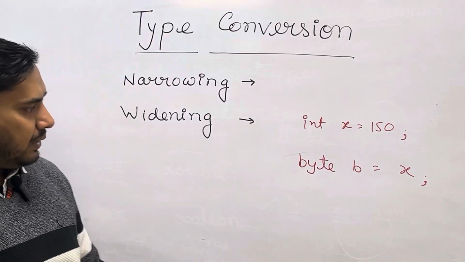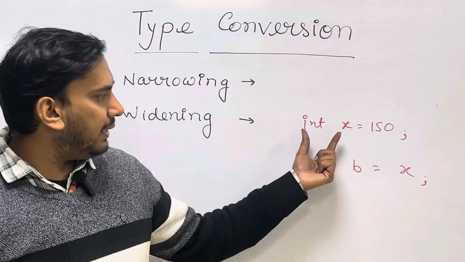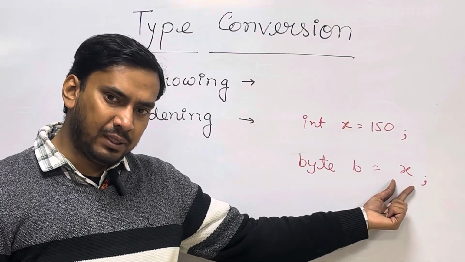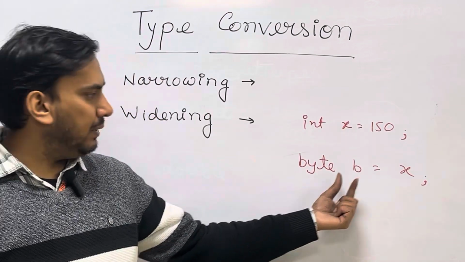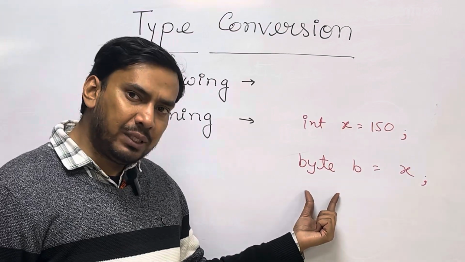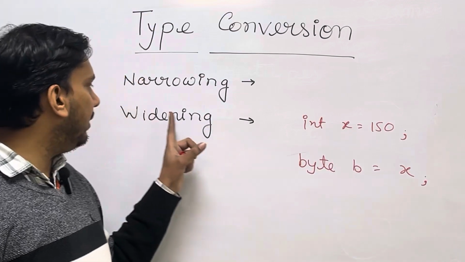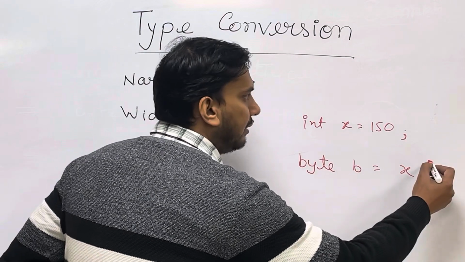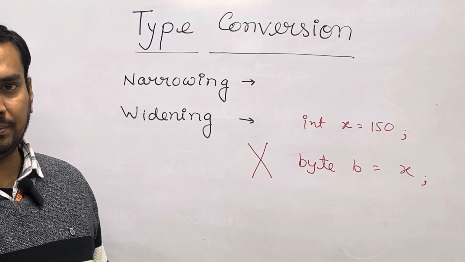So what I am trying to do here is, x is of int type, and I am trying to assign an int type value to the byte type variable. It means a higher precision value to a lower precision variable, and this process is called narrowing. So this statement will not compile and it will give me a compilation error.